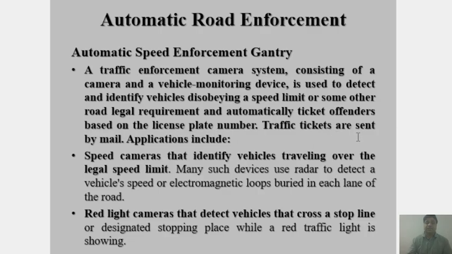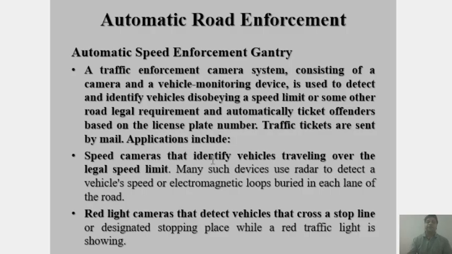These traffic tickets are sent by mail or SMS to the vehicle user, saying that he has illegally exceeded the speed limit, and he will have to pay the challan.